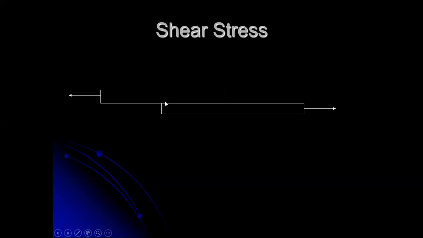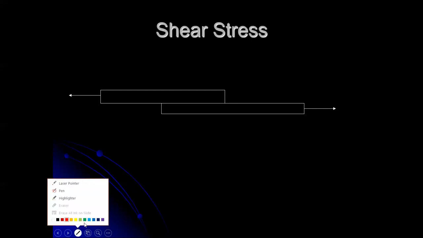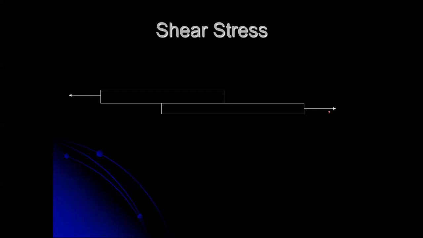If we coated the surface in between these two plates with glue, the entire contact area in between would be fighting against that shear stress. It would be what would be fighting against these external forces.